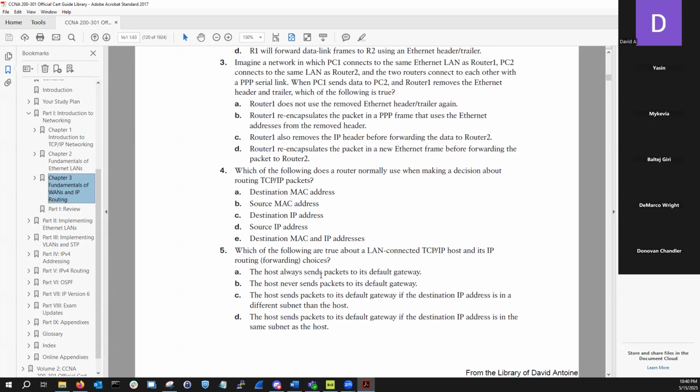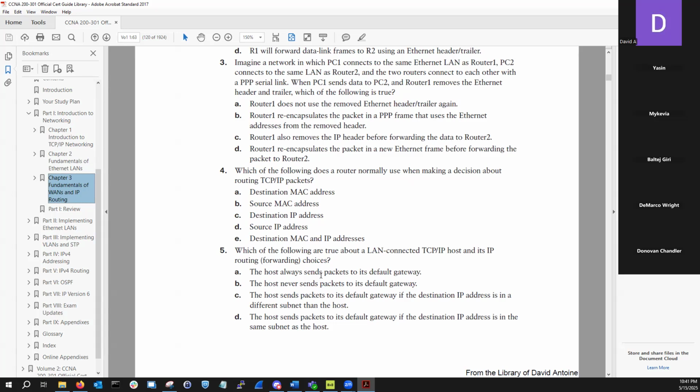The host sends the packet to the default gateway if the destination IP address is different from the subnet of the host.